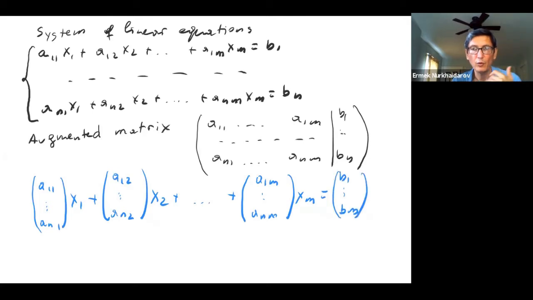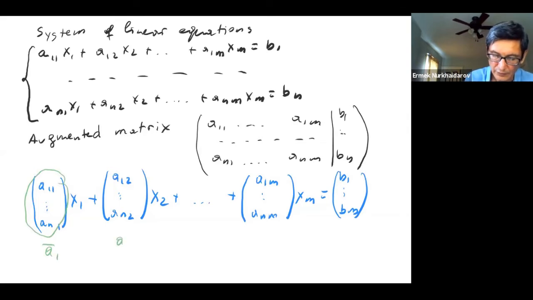Now I'll rewrite the whole thing using more vector notation, putting a bar on vectors. Instead of writing this vector, I'm going to write a1 bar. Instead of this one, a2 bar. And this one, am bar.